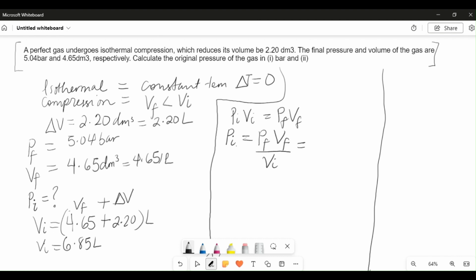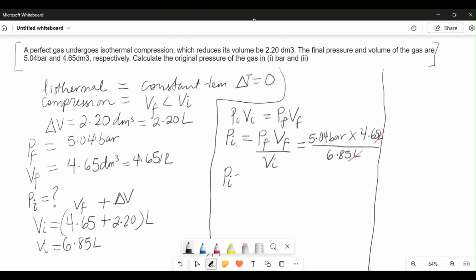That's going to be P final, 5.04 bar, times V final, 4.65 liters, divided by V initial, which is 6.85 liters. We cancel out the units and we have P initial as 5.04 times 4.65 divided by 6.85. So what we end up with is 3.42 bar.